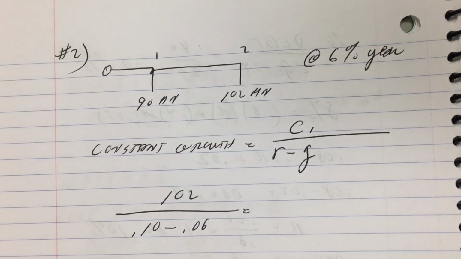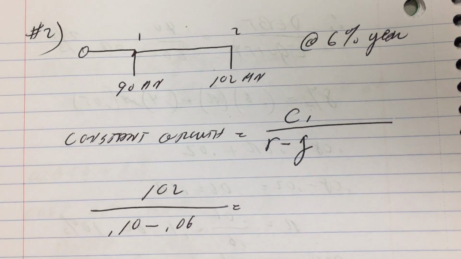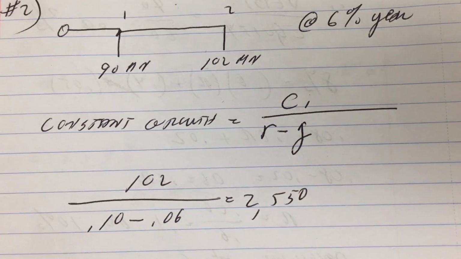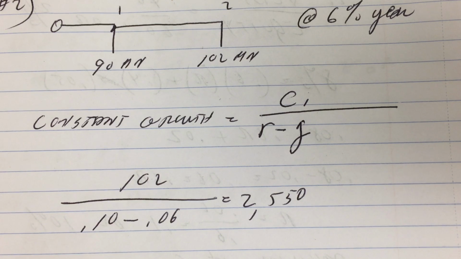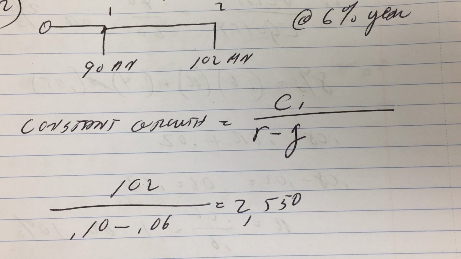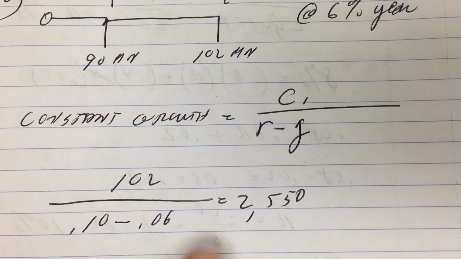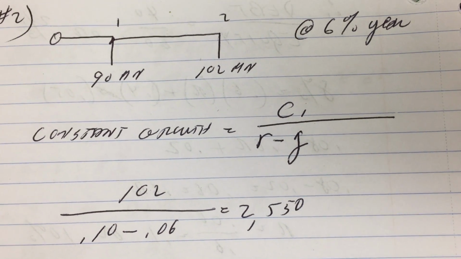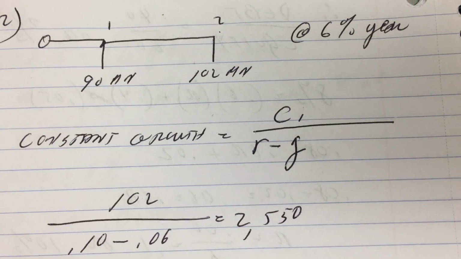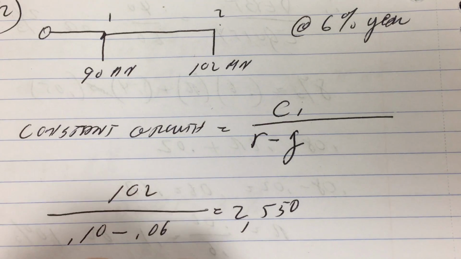We solve that equation and we get 2,550, which is the present value of the cash flow from the future perpetuity at point 2. So now we're going to determine the PV.